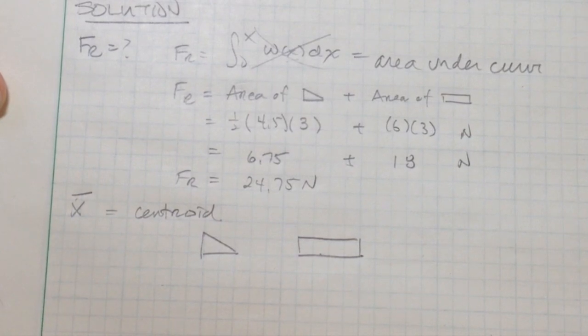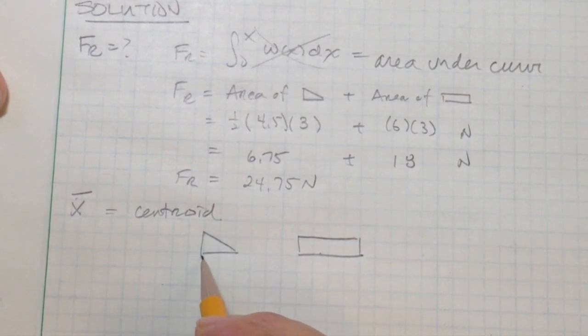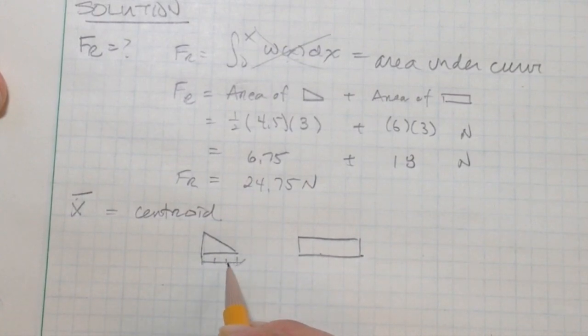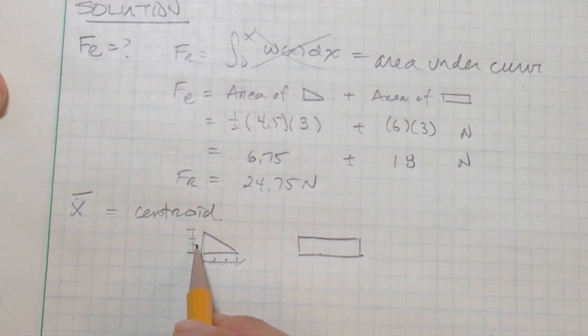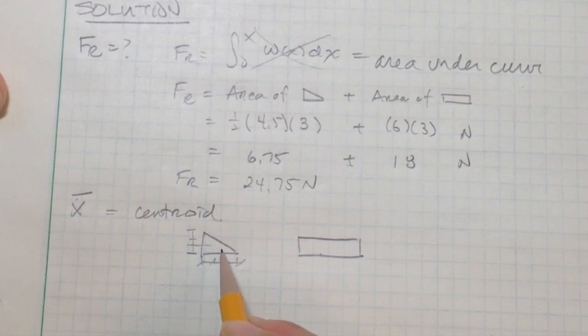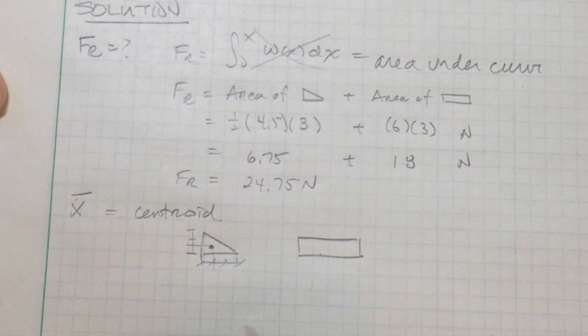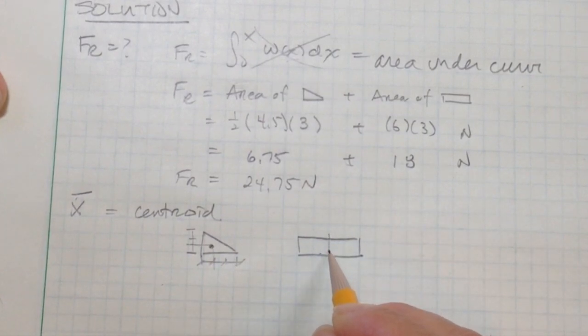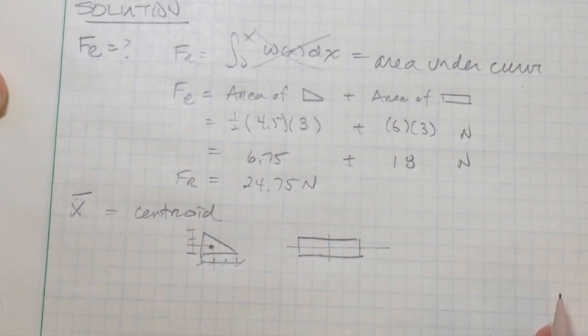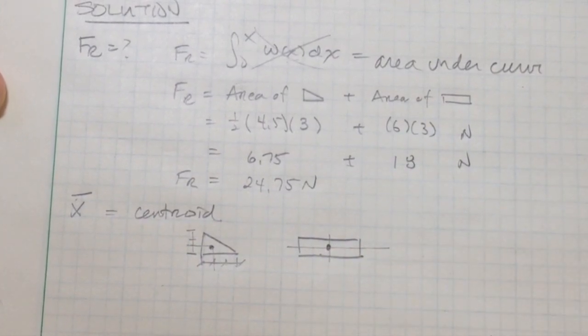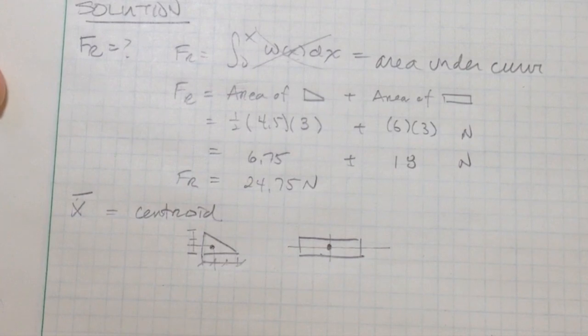So it turns out that for triangles, the centroid can simply be found by taking the base, dividing into thirds, and taking the height, again, dividing it into thirds. And the centroid will be right at this bottom corner right there. For the rectangle, it's just simply halfway between the width and halfway between the height. So let's do this.